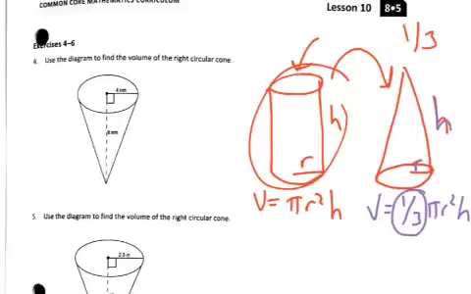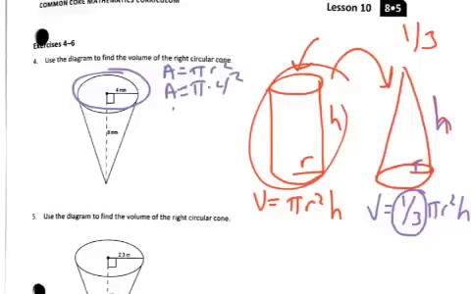So let's take a look at number 4 here. We want to find the base area of the circle. So area equals pi r squared, or area equals pi times 4 squared, or area equals 16 pi.